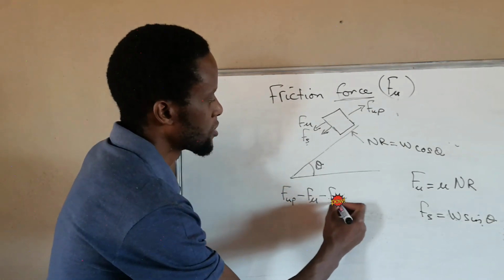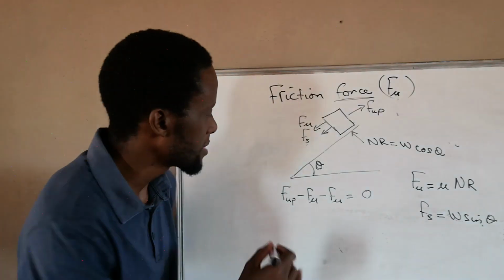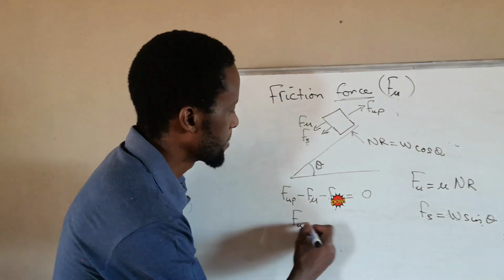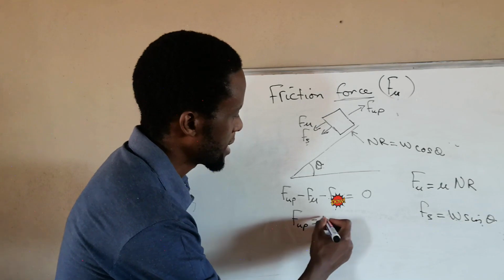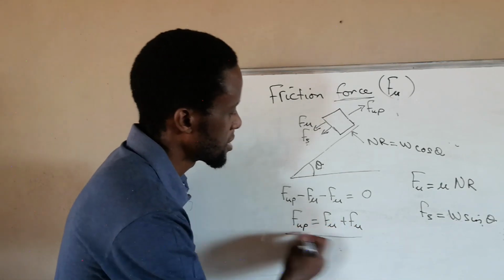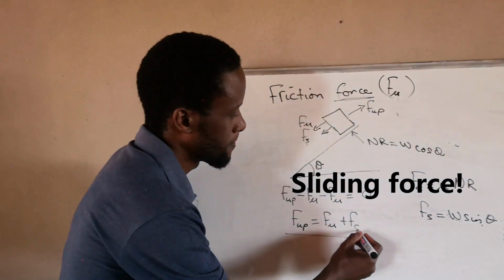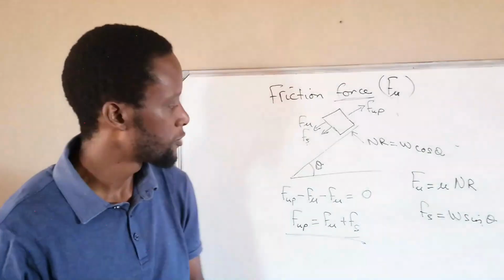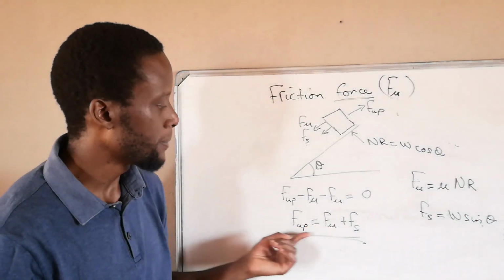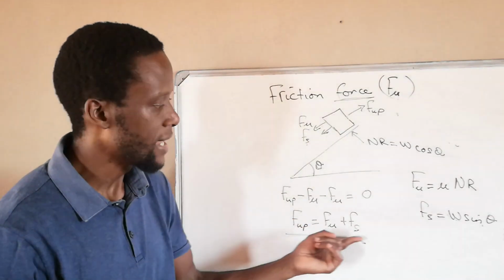The sliding force is also going against your movement, and everything should be equal to 0. You can try and simplify this. Force up, these two go to the other side. We have your friction force plus your sliding force. So in order to move up, you need to really apply a lot of force, which is a sum of the friction force and the sliding force.